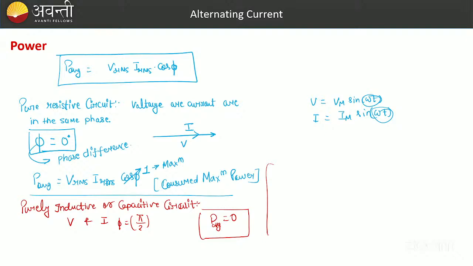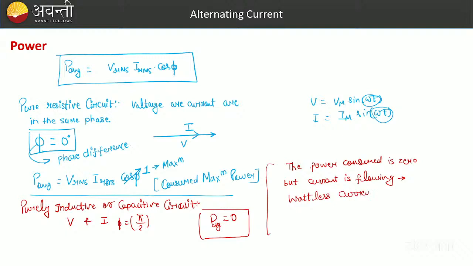Although the power consumed is 0, current is flowing. That particular current is termed as wattless current.